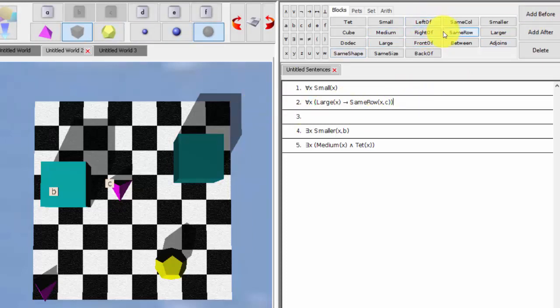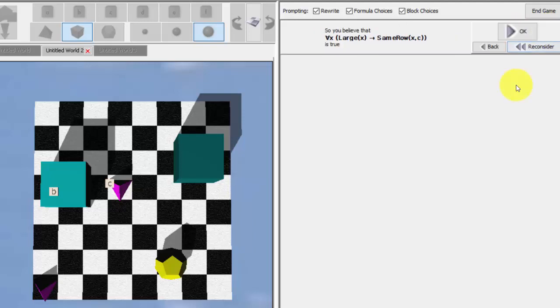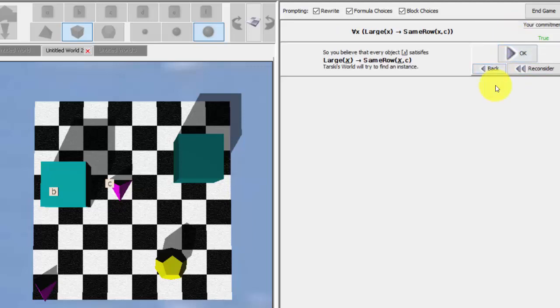All right, let's play the game with the second sentence. Let's commit ourselves to this being true, even though it's false in the world at the moment. So I believe that it's true. So I believe that every object satisfies that conditional. So it's going to pick one that does not satisfy it, since it can.